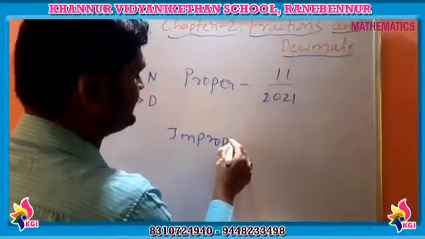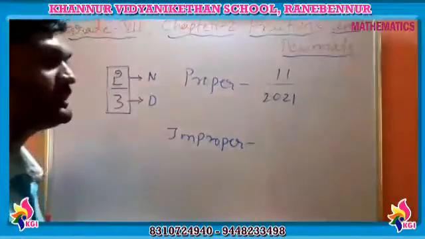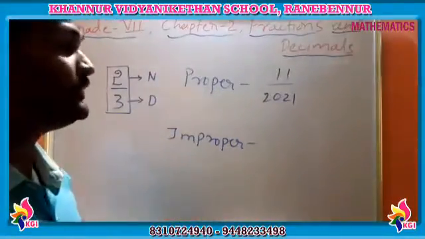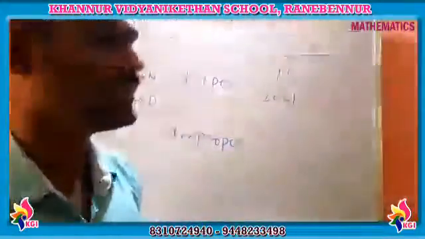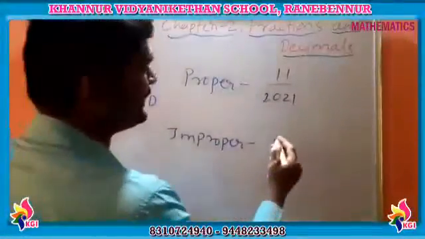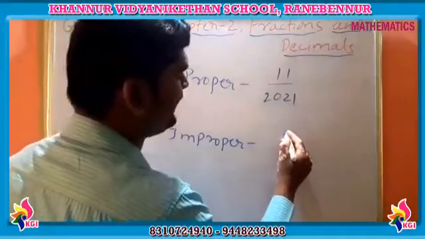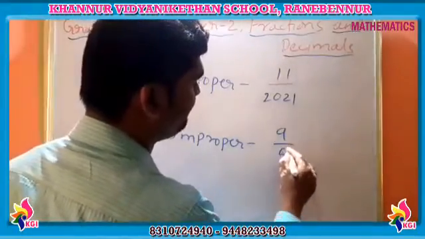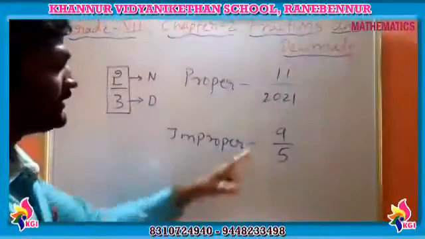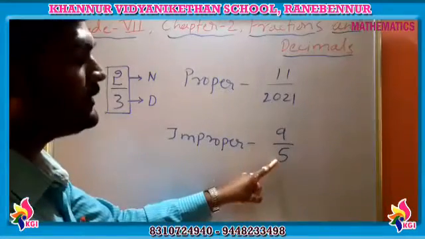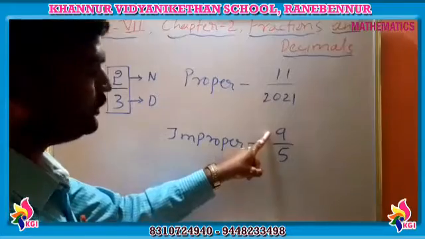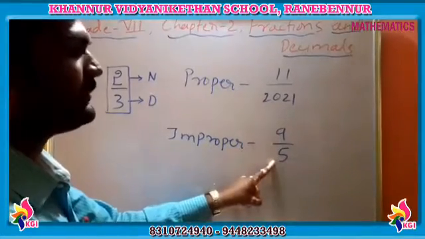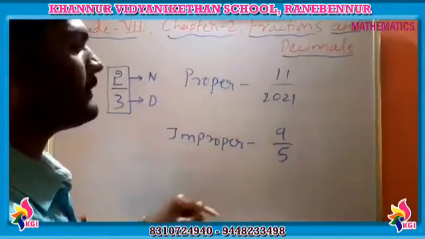Improper fraction. Here it is the reverse: the numerator is greater than the denominator. For example, I take 9 divided by 5. The 9 is bigger than the 5. Yes children, if the numerator is bigger than the denominator, then that is an improper fraction.